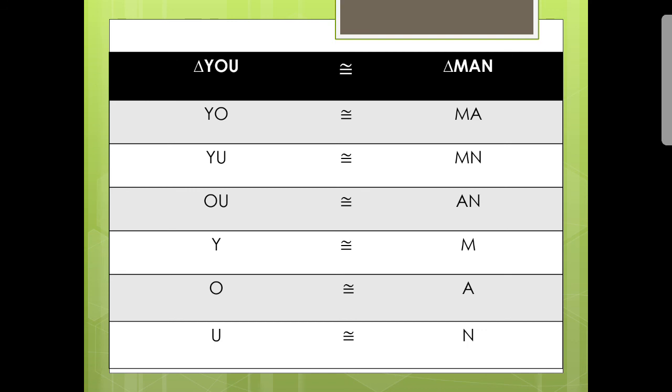Angle Y congruent to angle M. Angle O congruent to angle A. And angle U congruent to angle N. Okay, to those who got a perfect score, very good.